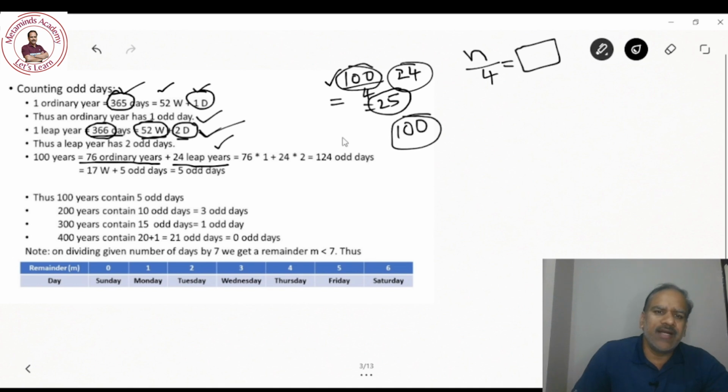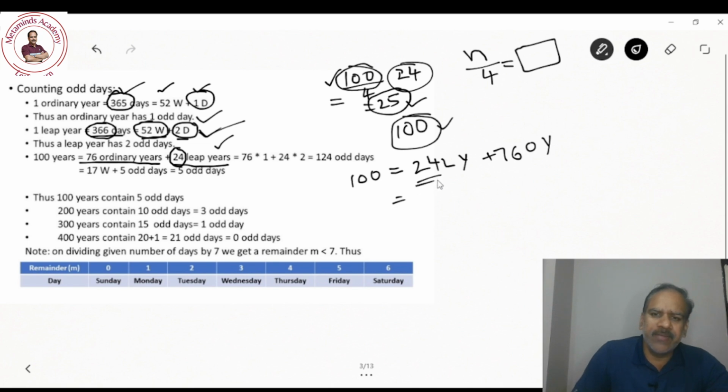So you divide 100 by 4, and even though you are getting 25, you should exclude the 100th year. Therefore, you will get only 24 leap years. So the first 100 years, you can write as 24 leap years plus the remaining 76 ordinary years.